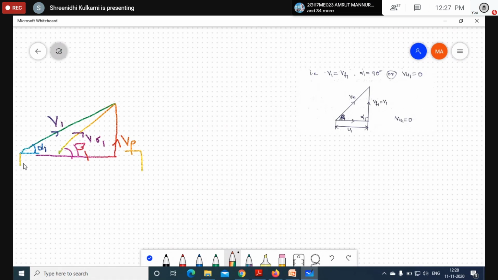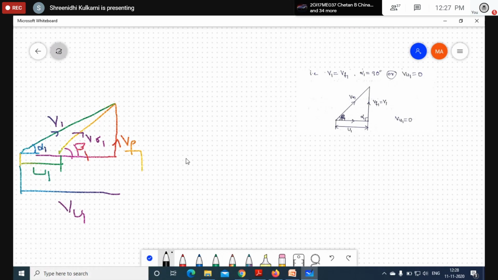From here to here we call it U1, the blade speed velocity, and from here to here it is VU1. The condition is that the fluid enters axially or radially. This is the absolute velocity of the entering fluid with nozzle angle alpha 1.